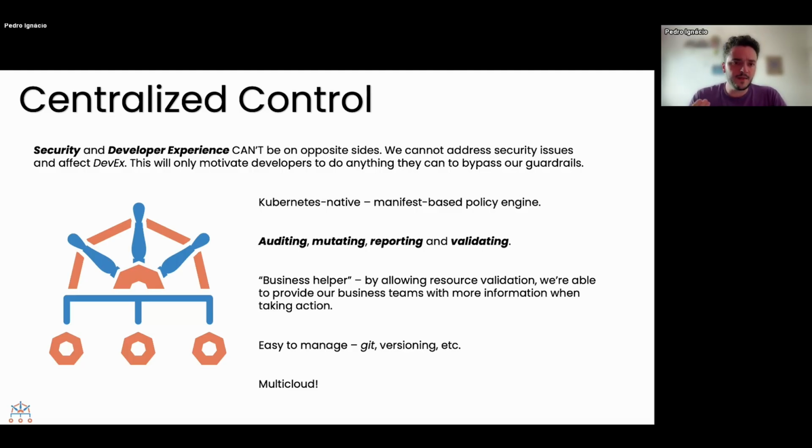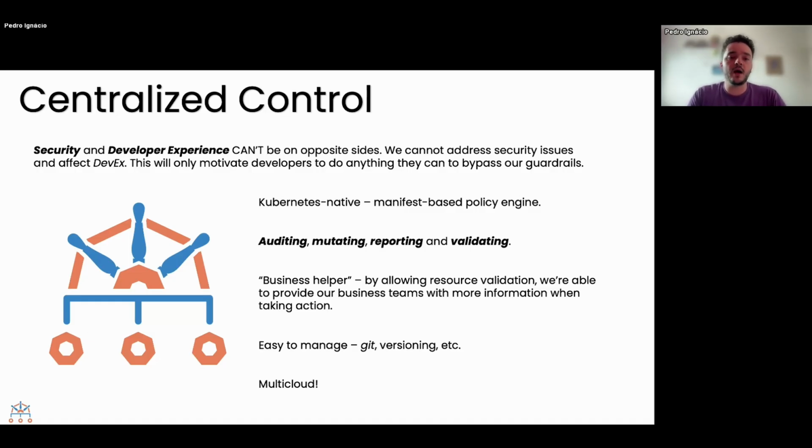So the developer experience cannot be impacted, and so talking about Kyverno, it's a Kubernetes-native, manifest-based policy engine. You guys already know. We can, of course, audit, mutate, and report on changes, and this is pretty good because once we apply a policy, we don't have to start mutating and blocking everything. We can start reporting, for example.